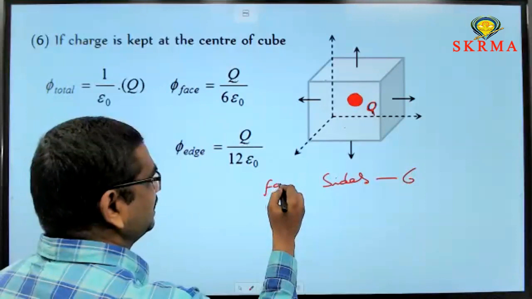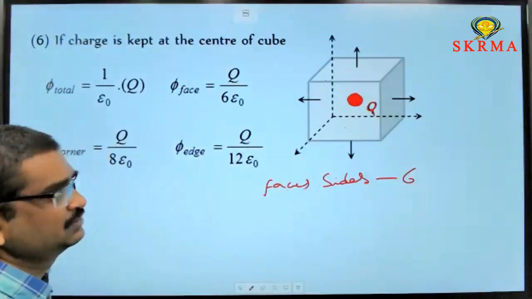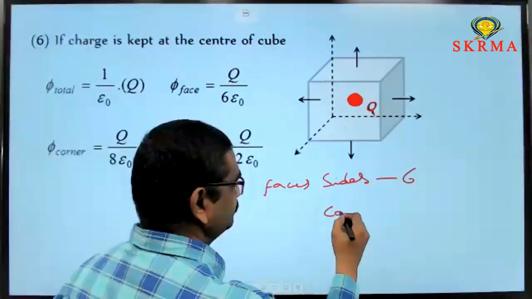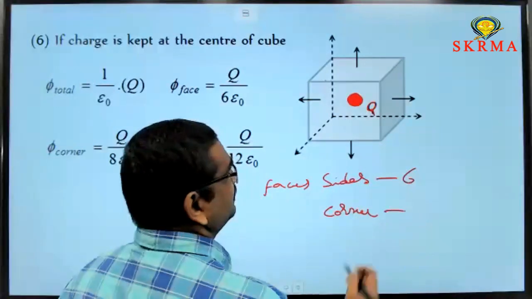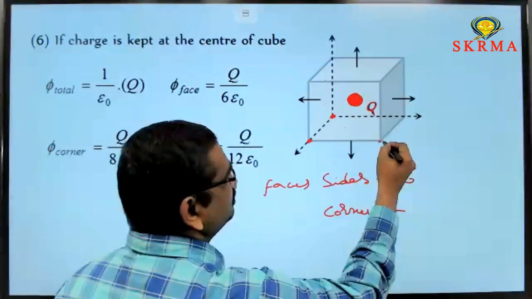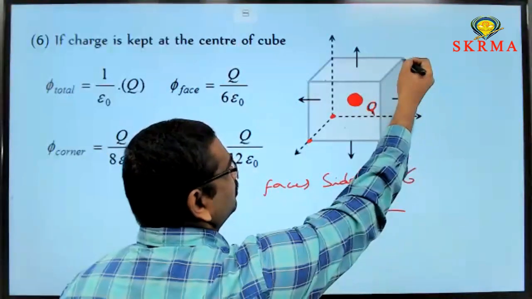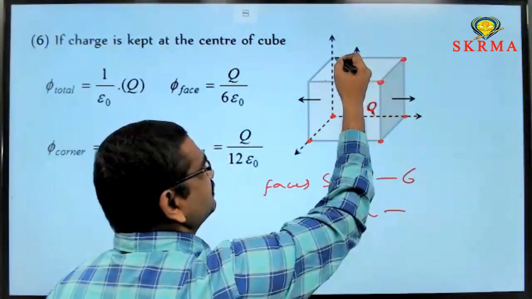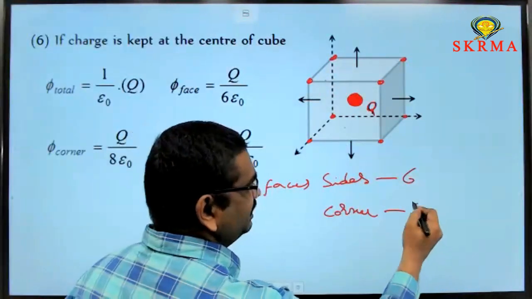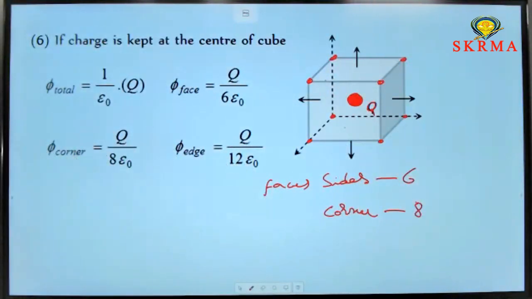Next, similarly, how many corners are there? Number of corners: 1, 2, 3, 4, 5, 6, 7, 8. Total 8 corners are there.